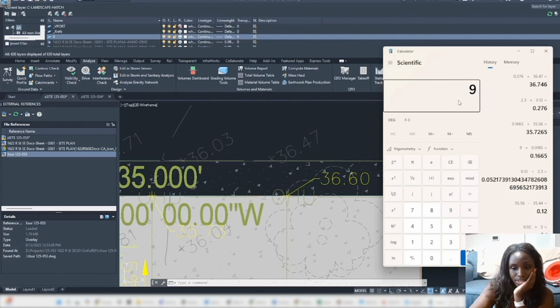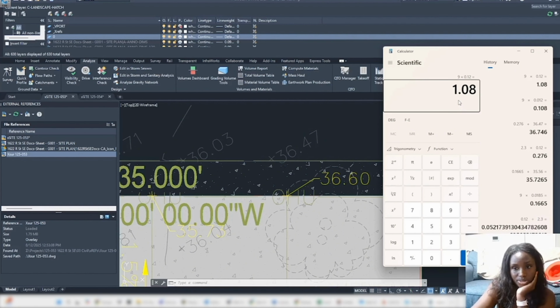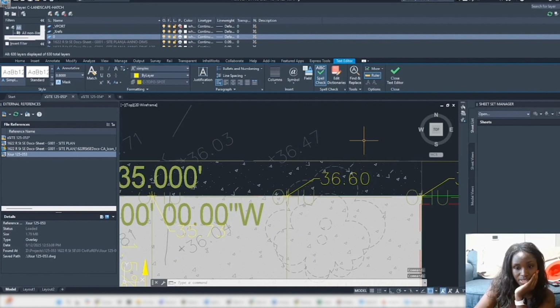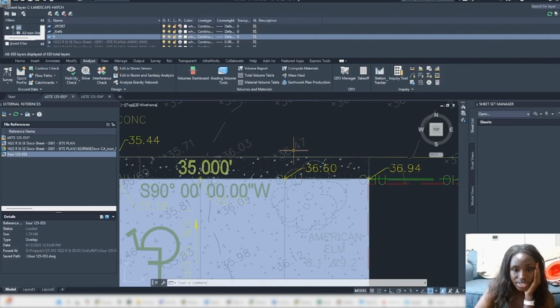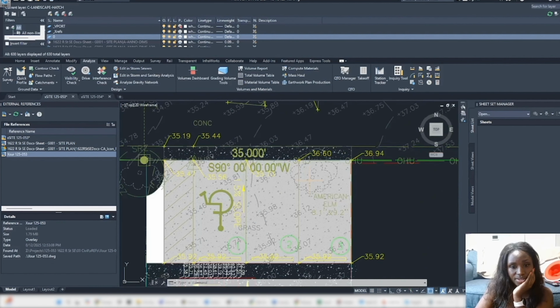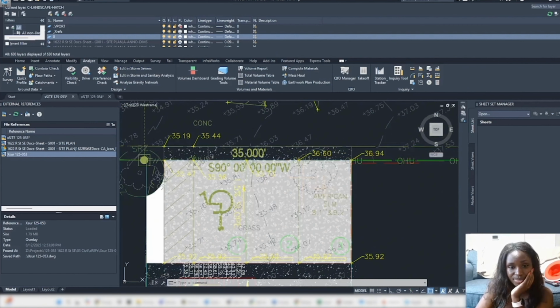So 9 times 0.012. So it doesn't need to be that either. So we can make it more shallow. So let's make it increase by a little bit. Make it 36. Both can stay what they are and still be less than 12% either way. So keeping those there. The bottom part is established.